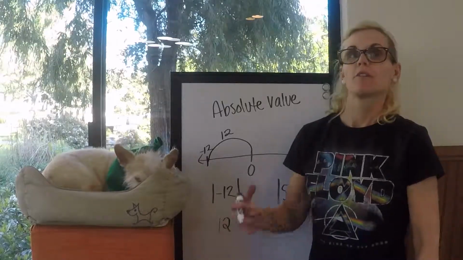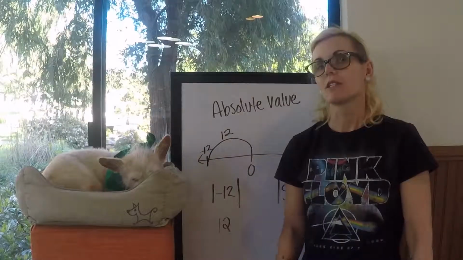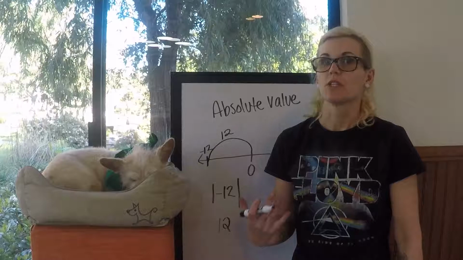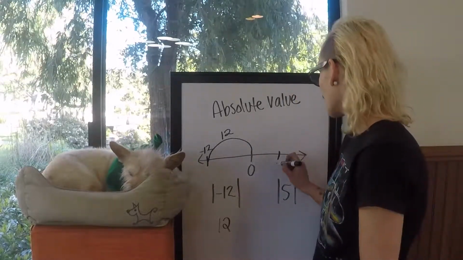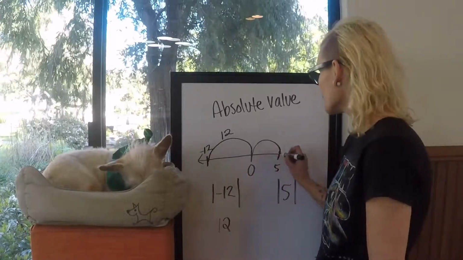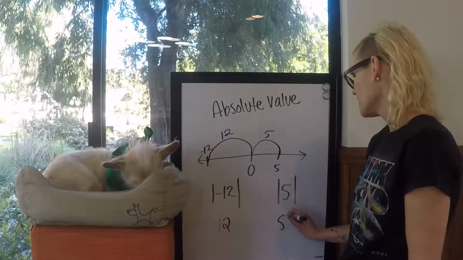If I go 12 miles away from school in the south direction, I wouldn't say I'm going negative 12 miles away. So absolute value is always positive. If I put 5 on the number line, how far away is 5 from 0? It is 5 away. The absolute value of 5 is 5.